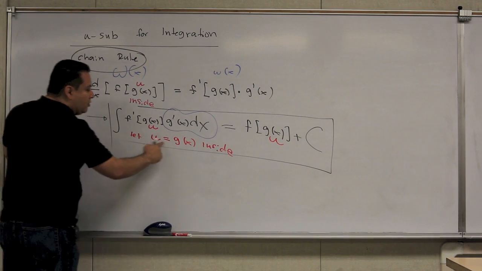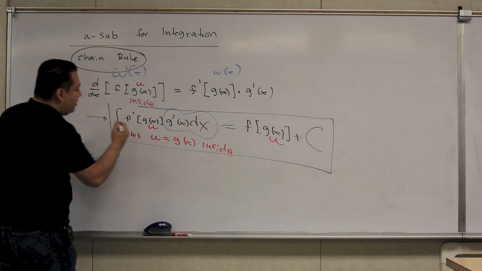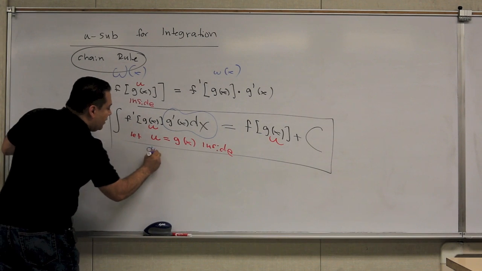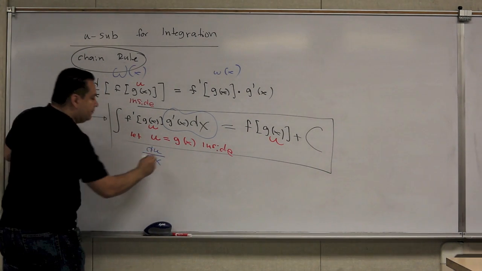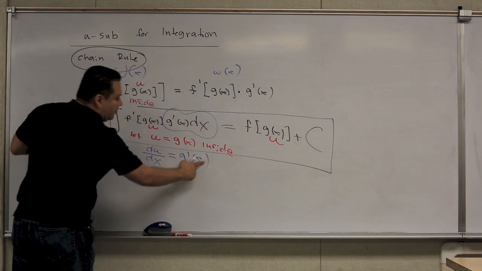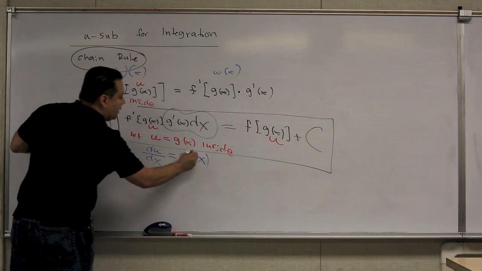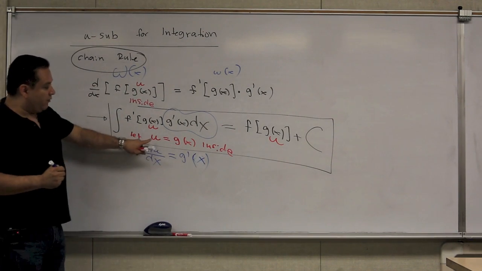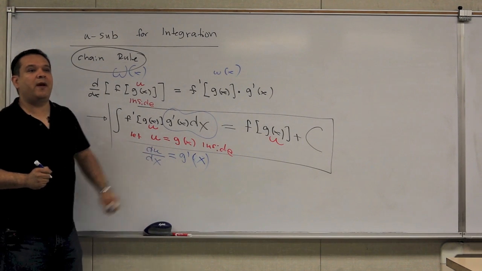Well, if u is g of x, tell me if you agree with this: isn't it true that du dx is g prime x? I'm differentiating u, a function of g. So du dx is g prime x.